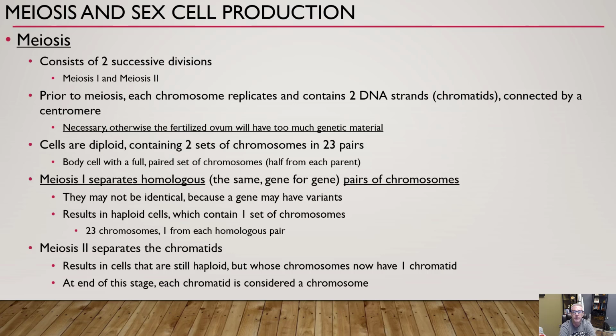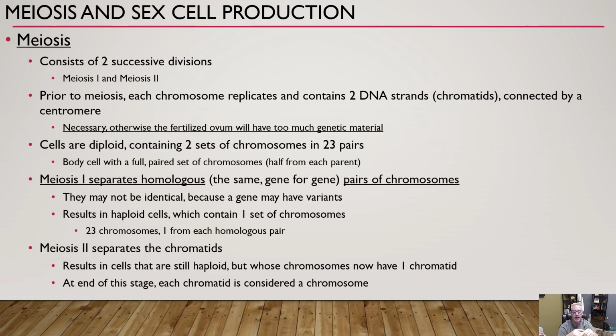Now we use this term called diploid and haploid. Diploid just means that it contains two sets of chromosomes in 23 pairs. Haploid means that it would just contain one set of chromosomes.